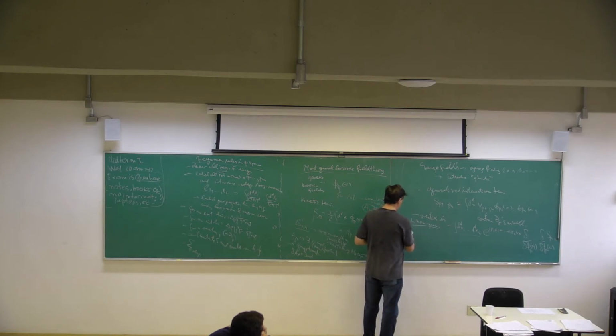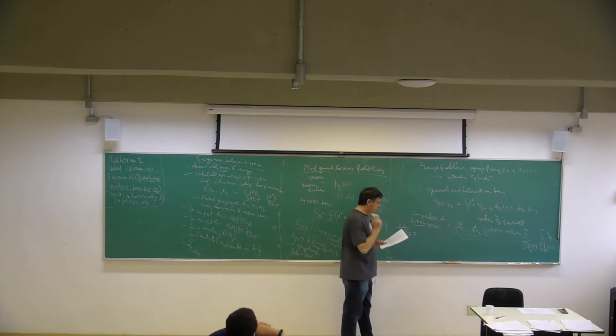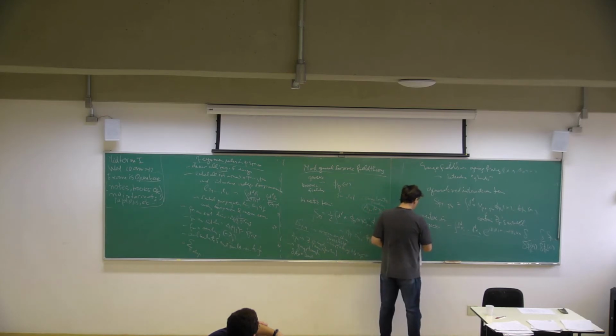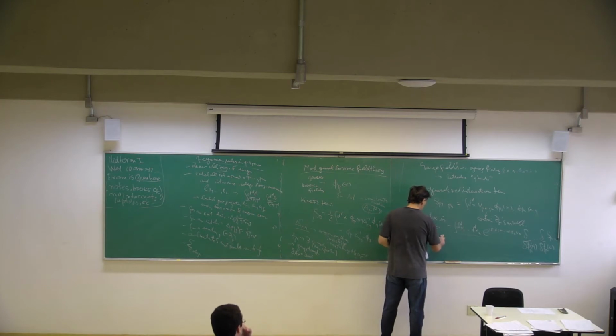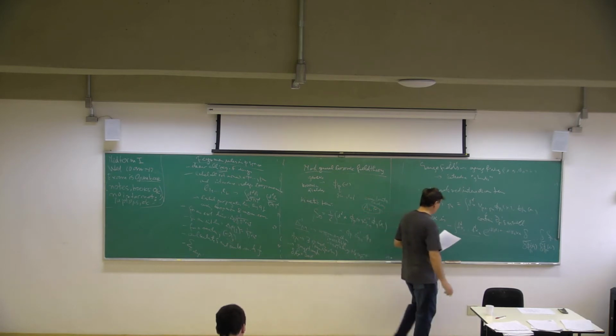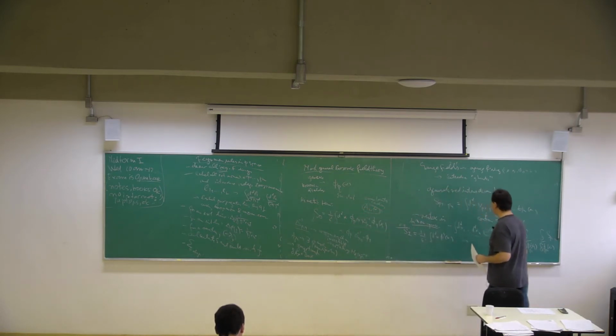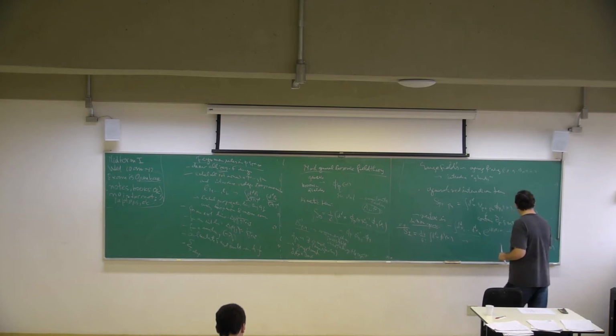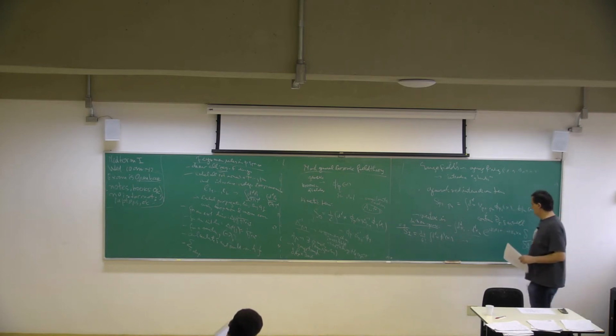Okay, so let's check that we get the right result for the case we had before. So let's say phi to the 4th, lambda over 4 factorial, d^dx phi^4 of x, right? So in this case, there are no indices, right?